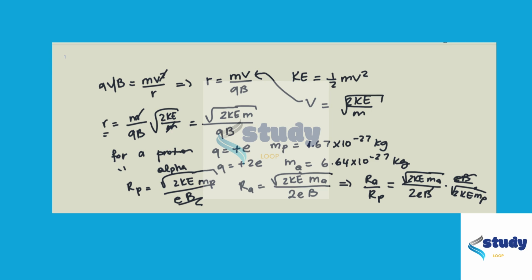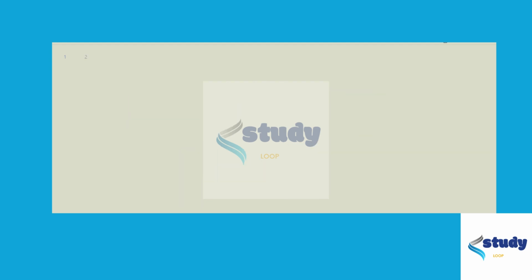So these are going to cancel out. The kinetic energies are going to cancel out, but we still have the ratio of m_a to m_p in a square root. So going on the next page, as we said, r_a over r_p equals 1/2 times the square root of m_a over m_p.